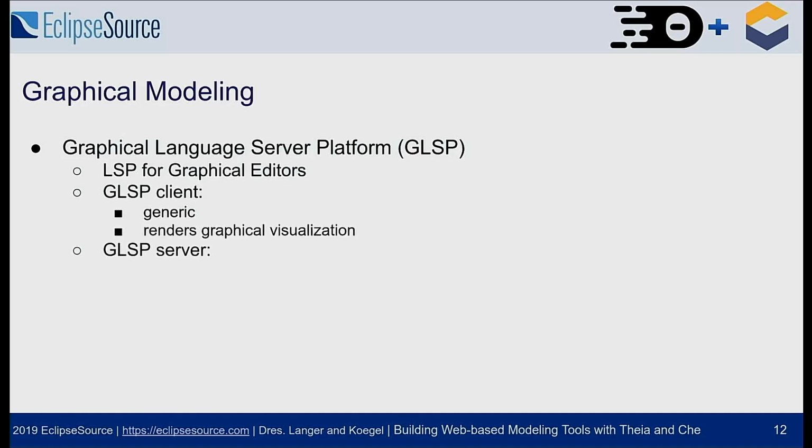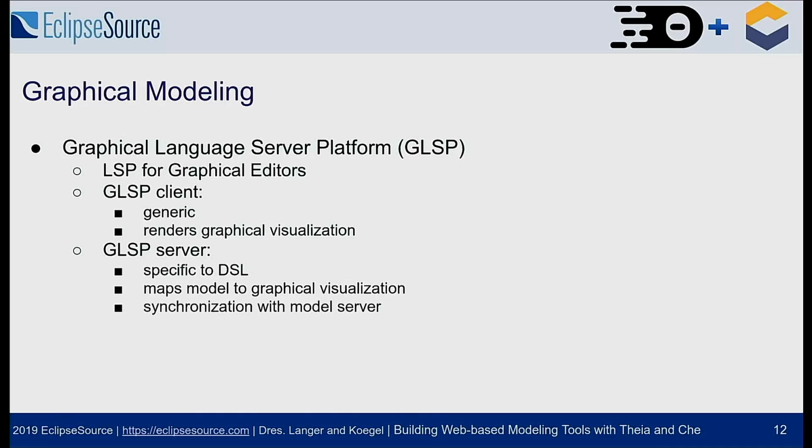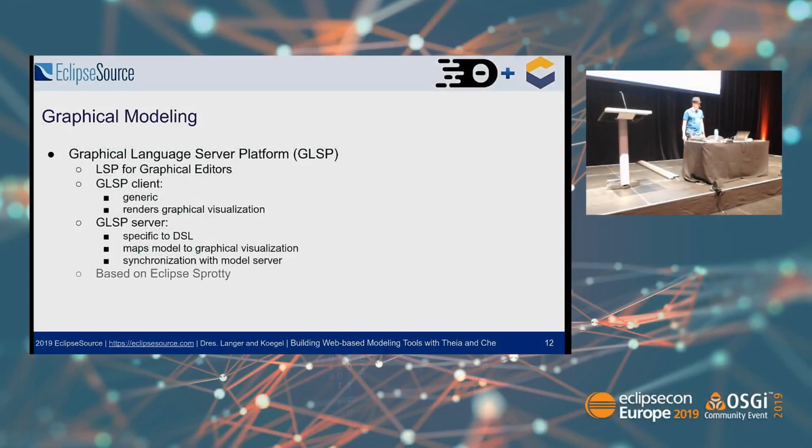And you will have a GLSP server, and that server contains the language smarts. So it knows how to map the different activities, in this case, of a coffee maker onto a diagram specific to a certain DSL. And it also contains the synchronization with the ModelServer. The Graphical Language Server Platform is based on another Eclipse project, which is about graphical visualization, and it's called Eclipse Sprotty.